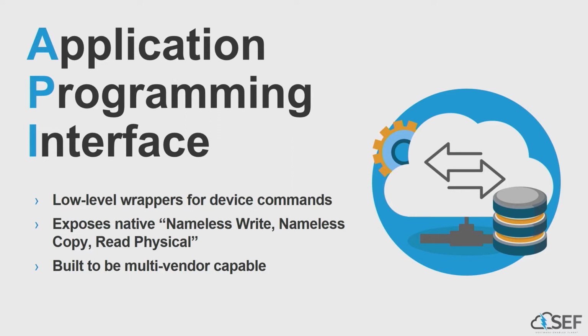So I've mentioned it several times, this application programming interface. These are low-level wrappers around the commands for the device, and it exposes primarily 3 new commands that are being introduced. And those are nameless write, nameless copy, and physical read.